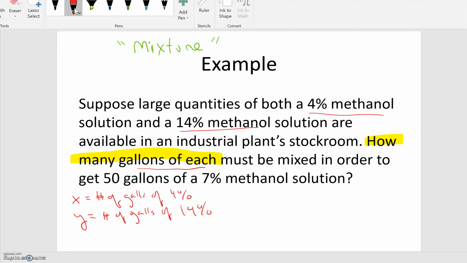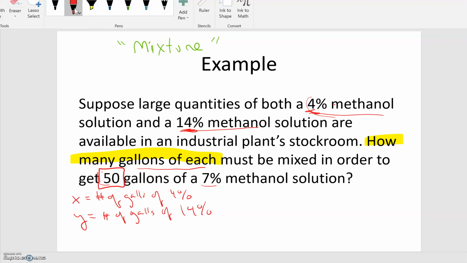Also, we need to think about what this 4% and 14% are, and what we are trying to do. We're trying to get 50 gallons of 7%. So we're trying to achieve a certain concentration of this substance. So X and Y, we have our unknowns, and now we look for equations that relate our unknowns, and oftentimes we look for the other numbers to tell us about our equations. So the first number I see is this, I know that I have these concentrations, and those are going to be important, but I also have this number, 50.